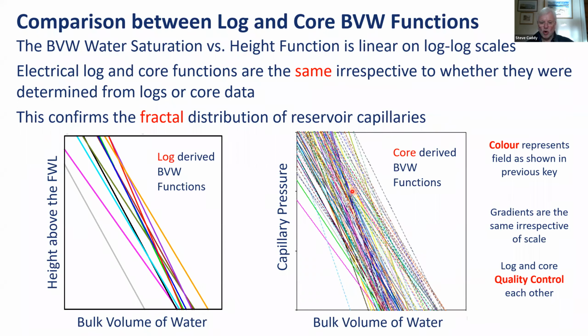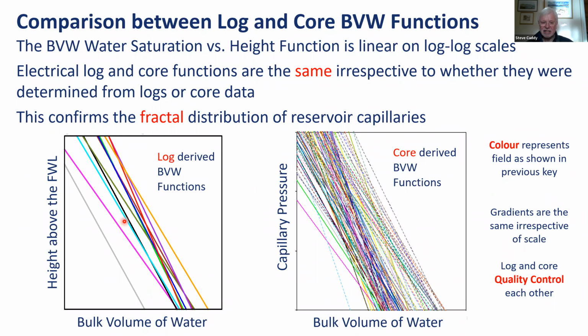We've obviously got more core plugs, and we've got capillary pressure, which is the same as height. So those are the core-derived BVW functions and the log-derived functions. Now, what we notice is that they are the same irrespective of whether they're from logs or core. And this is what we expect because it's fractal. This represents small rocks, this represents the whole reservoir, it is the same function.